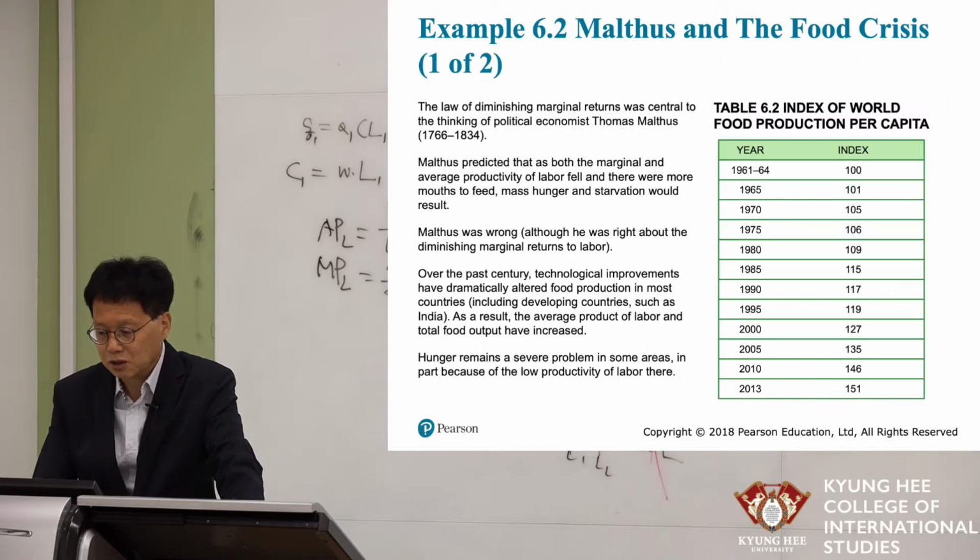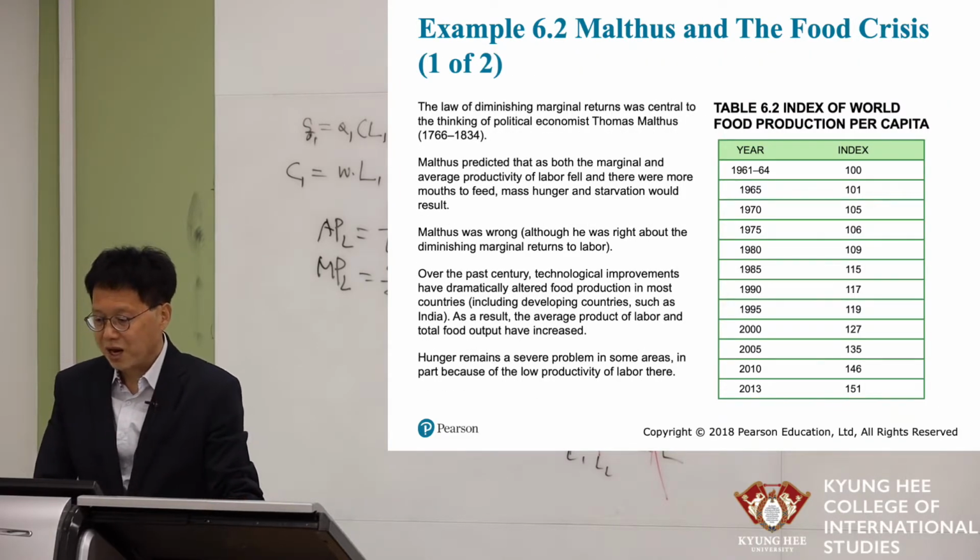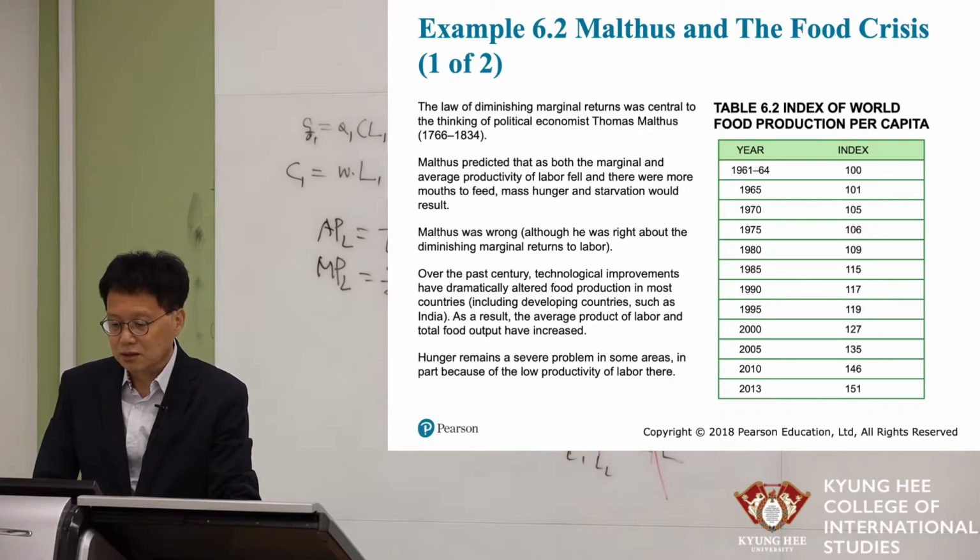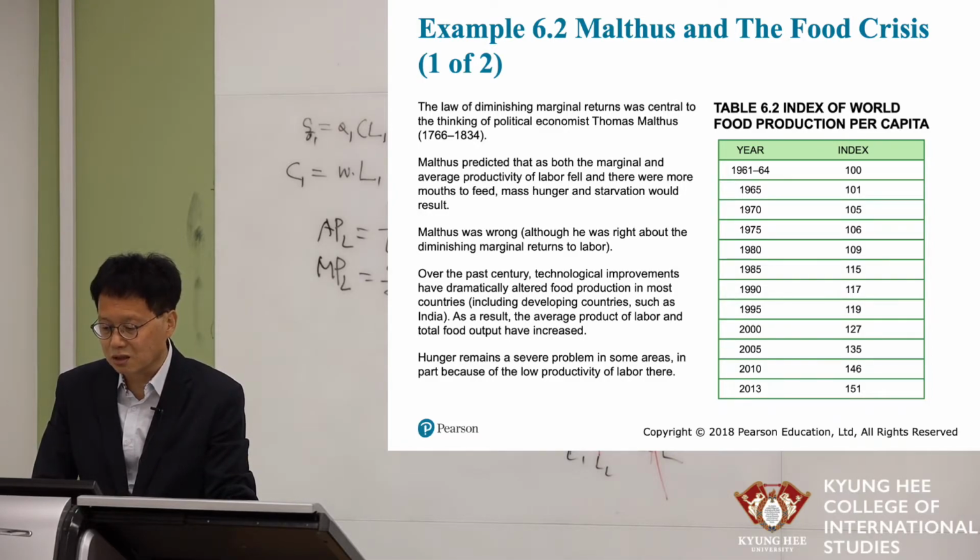Now we go to the next slide. Malthus and the food crisis. The law of diminishing marginal returns was central to the thinking of the political economist Thomas Malthus. Everybody knows Thomas Malthus, right? He is very insightful as a classical economist in the sense that he knew diminishing marginal returns.